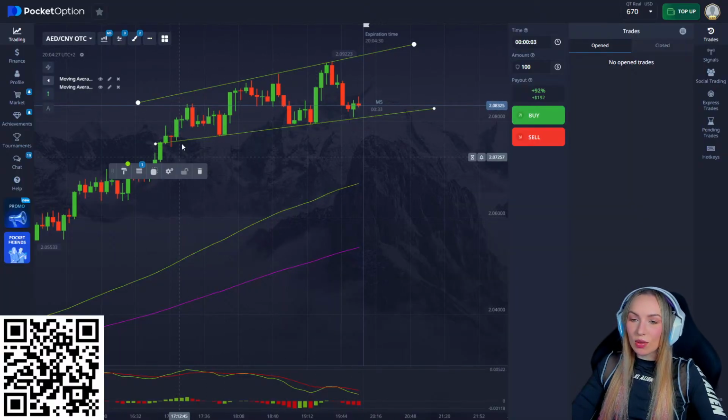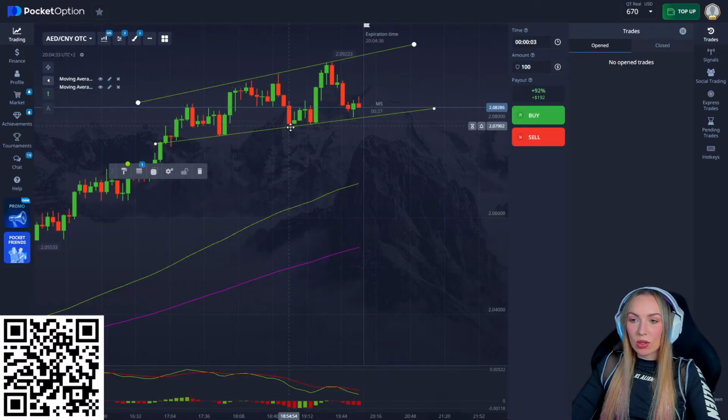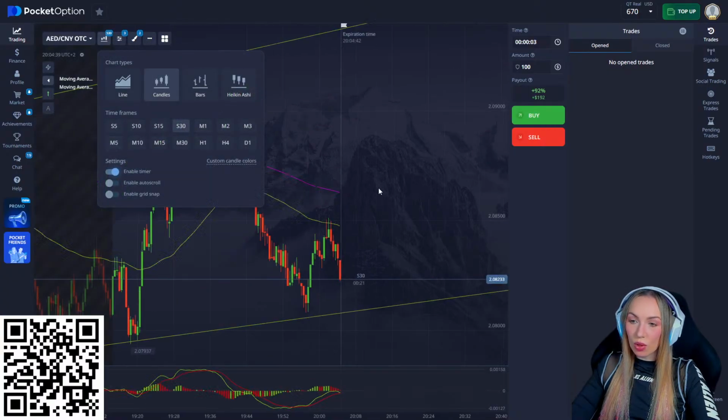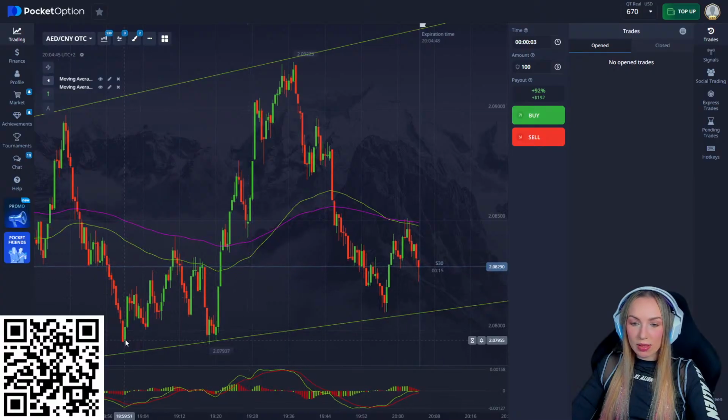And right now the price touches the support, goes up, touches the support again, touches the resistance, goes down, goes up, and right now it touches the support, and now I think it's supposed to go up again, but it started to go down, maybe to touch the support again. Well, actually the same happened here.